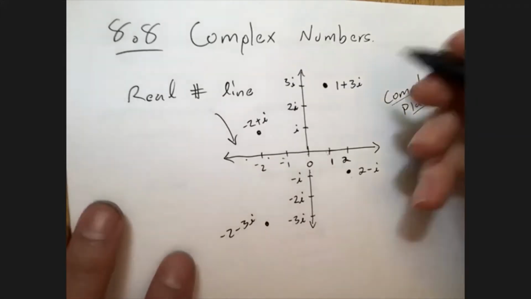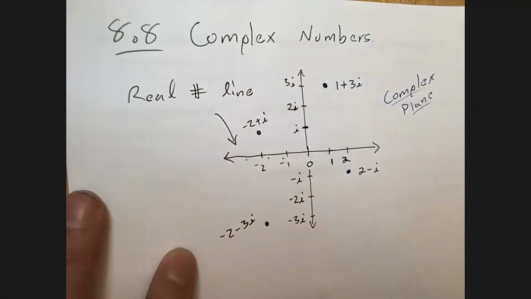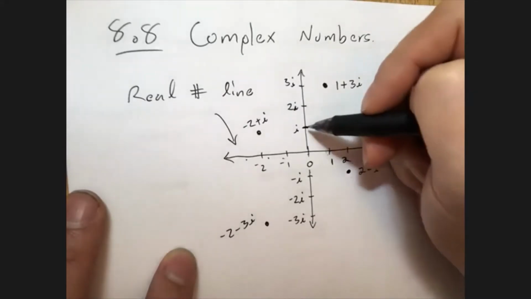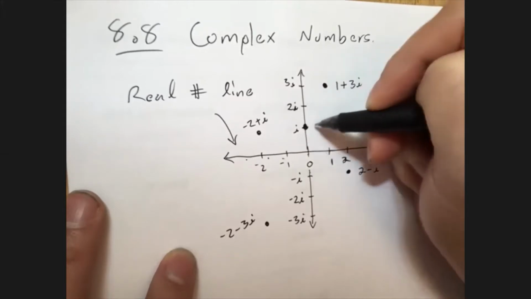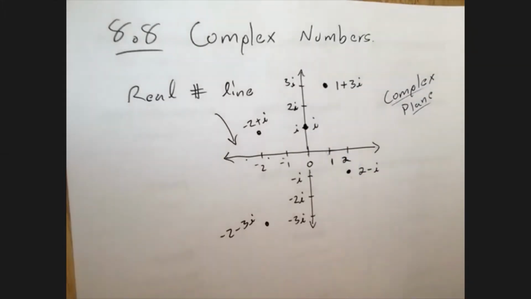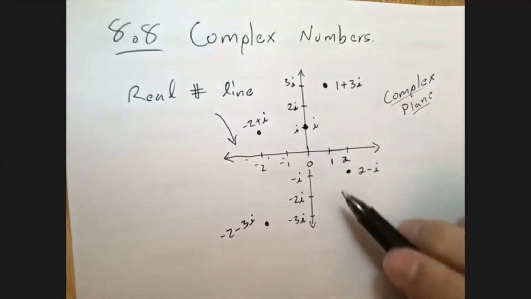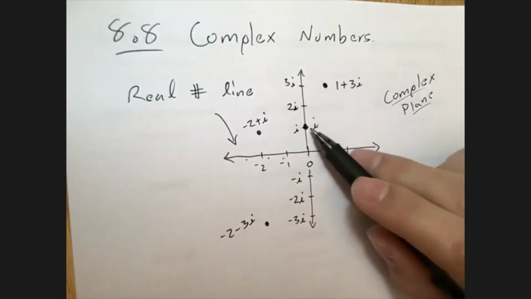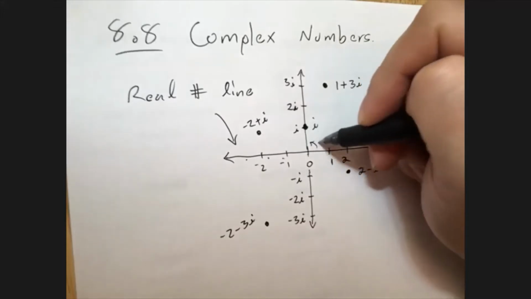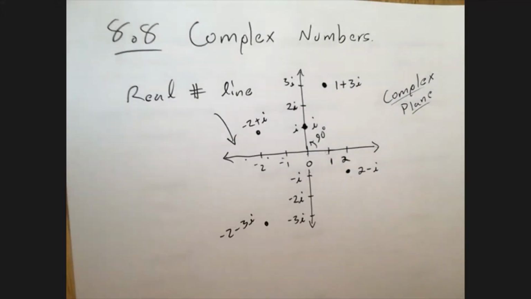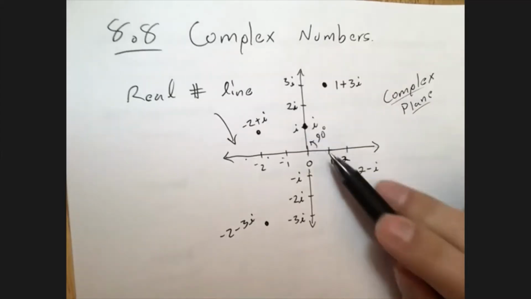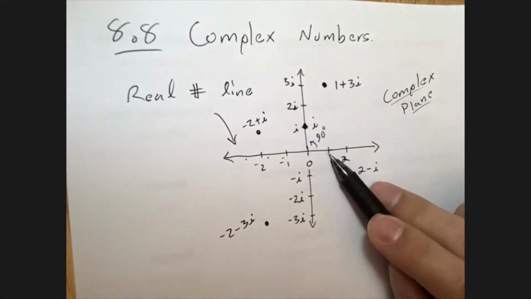So for instance, if I just take the number i, right there on the complex plane, this has an angle of 90 degrees from the real number line. So if I multiply it by 1, I'm going to add the angles.